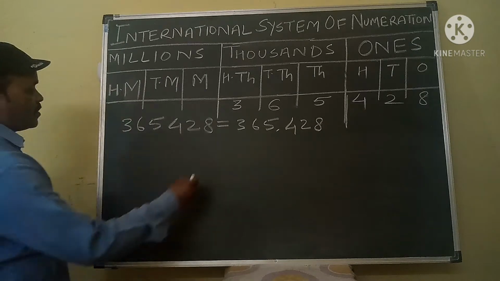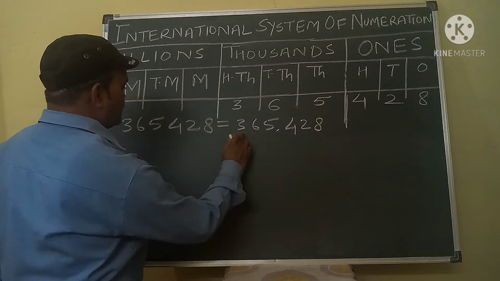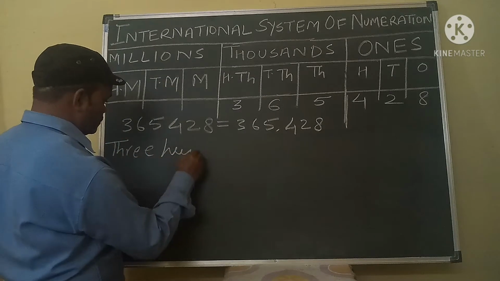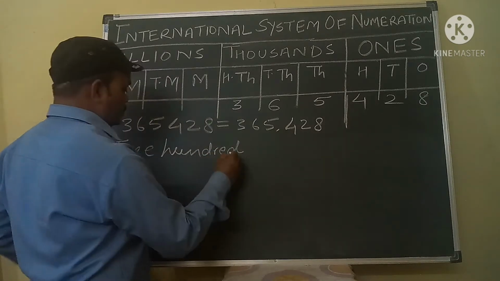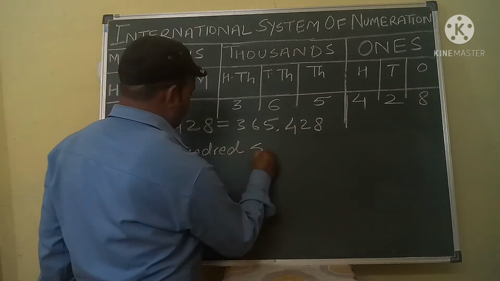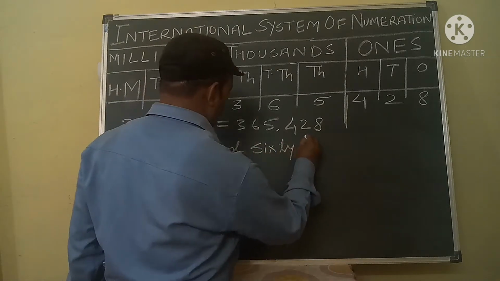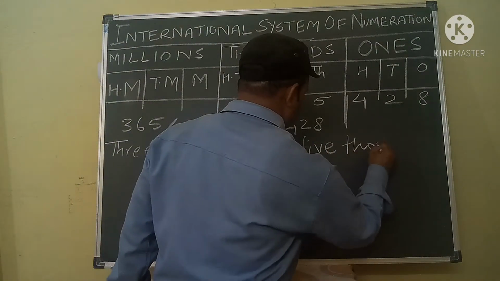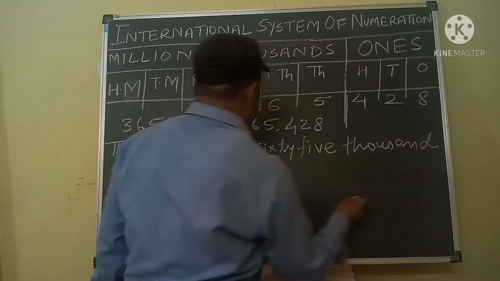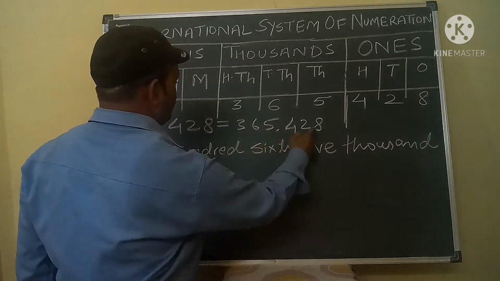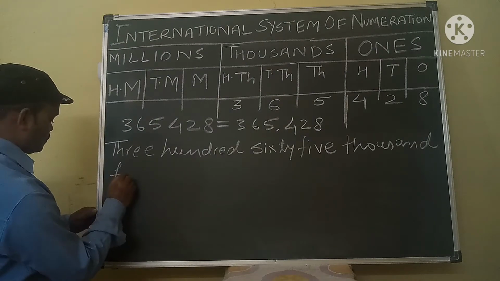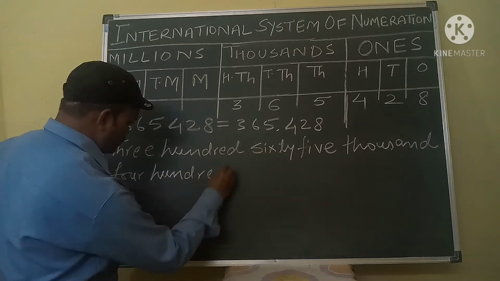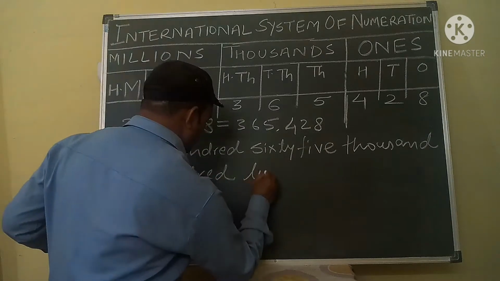Now look here. This number we can write as 365,000, 365,400, 428.